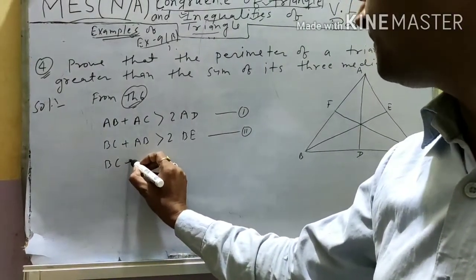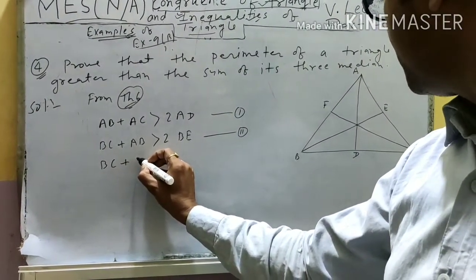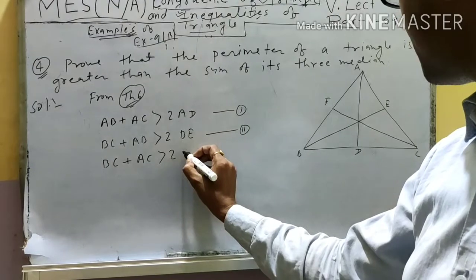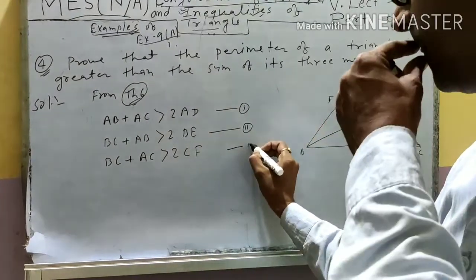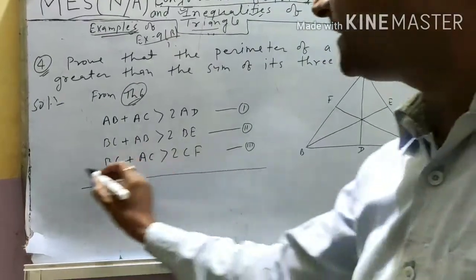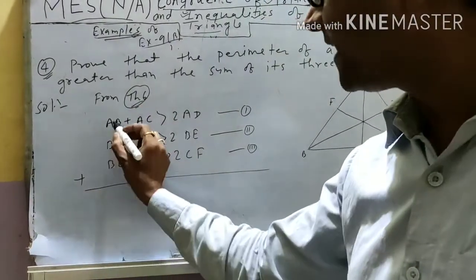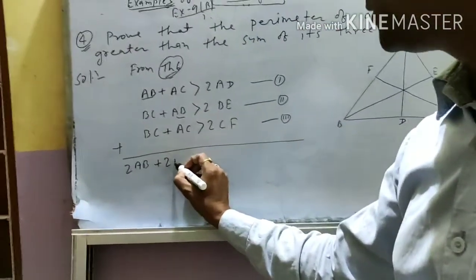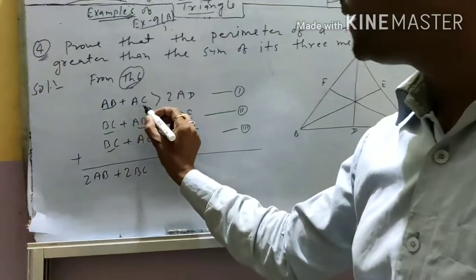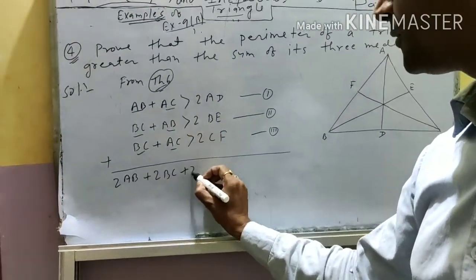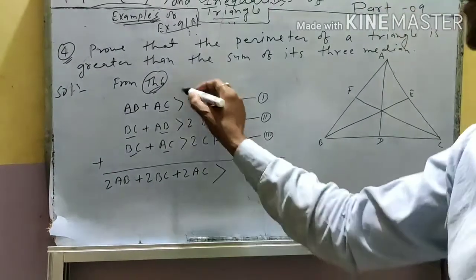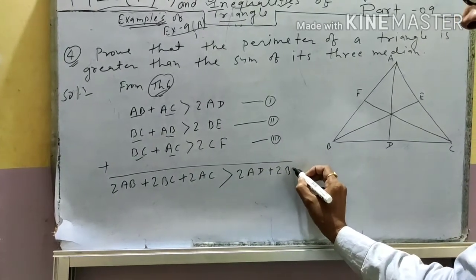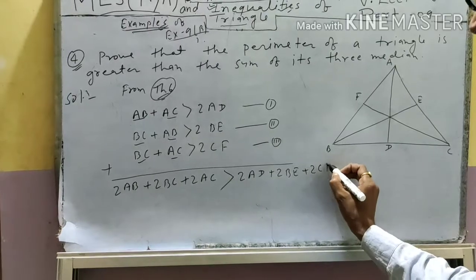So write down BC plus AC is greater than 2 times CF. This is equation 3. Adding these equations, student, here AB appears 2 times, so 2 times AB plus 2 times BC plus 2 times AC, the sign is the same, greater than 2 times AD plus 2 times BE plus 2 times CF.